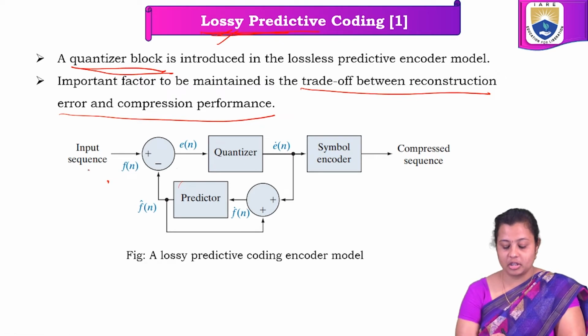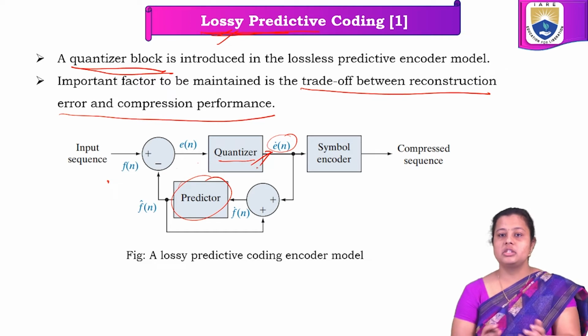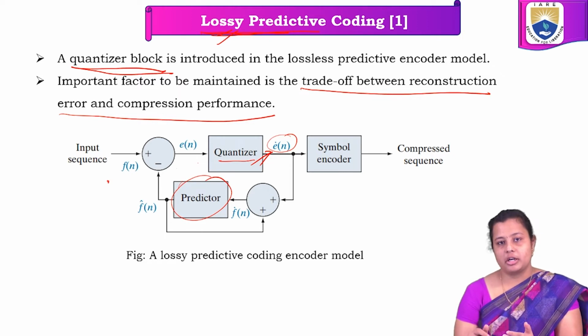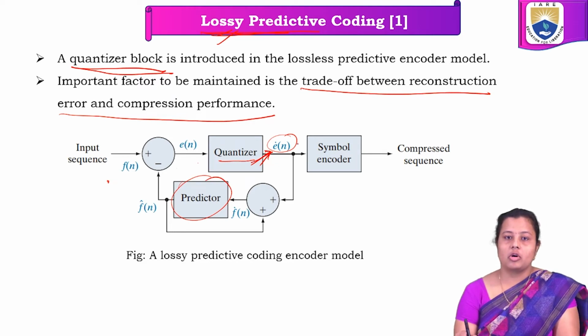Now in the lossy case, the input goes through a quantizer, and I get an error e dot of n. Based on that, a new predictor value is generated. Previously the predictor value depended on my previous input sequence, whereas here it depends on my quantizer error, e dot of n.